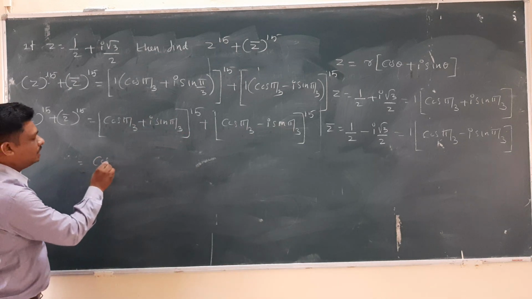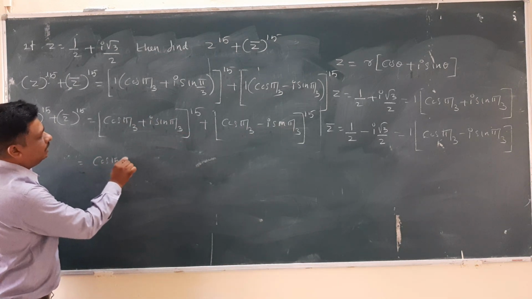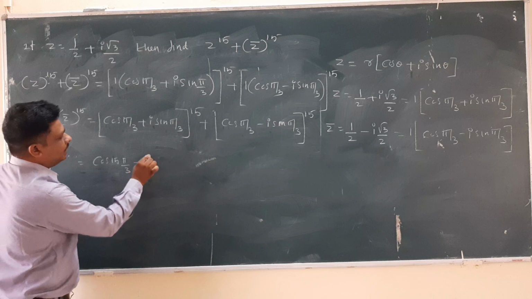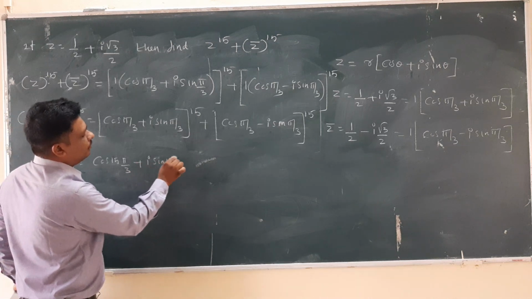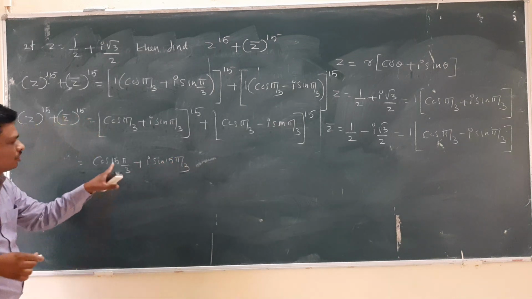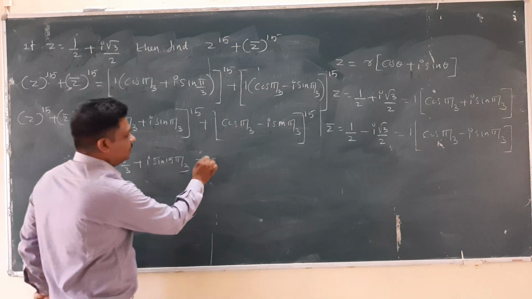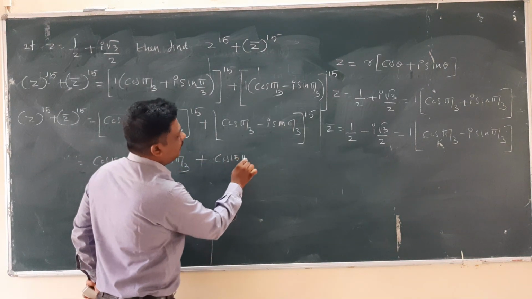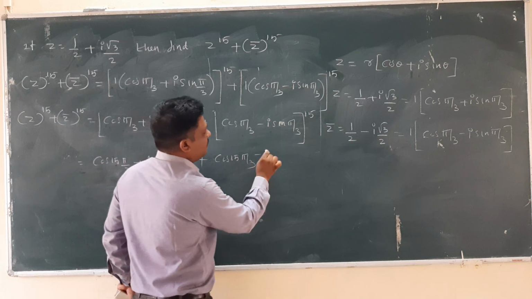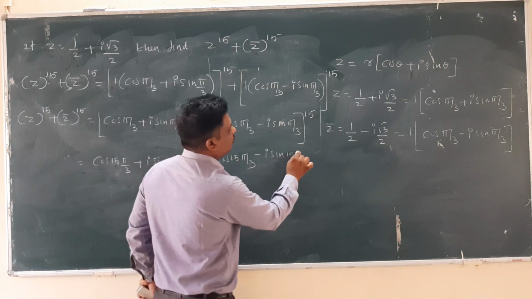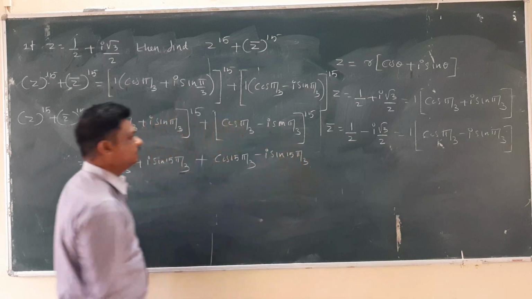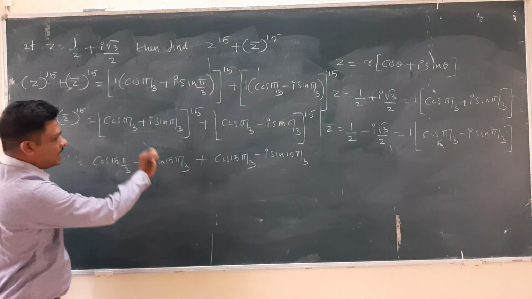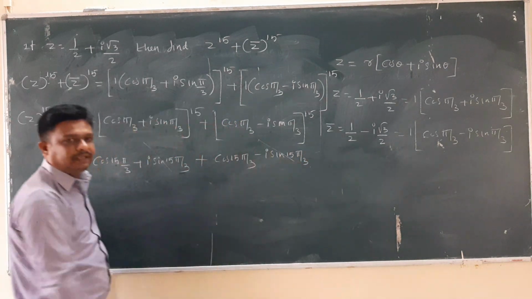So I will write this as cos 15 pi upon 3 plus i sin 15 pi upon 3. Then here also cos 15 pi upon 3 minus i sin 15 pi upon 3. Here this sin and that sin will get cancelled.